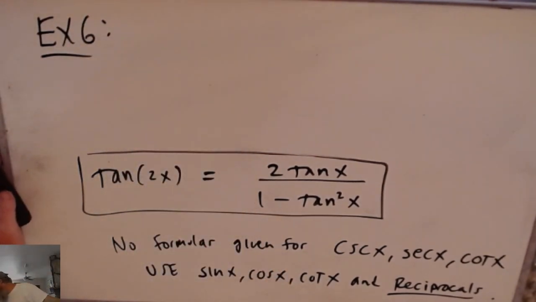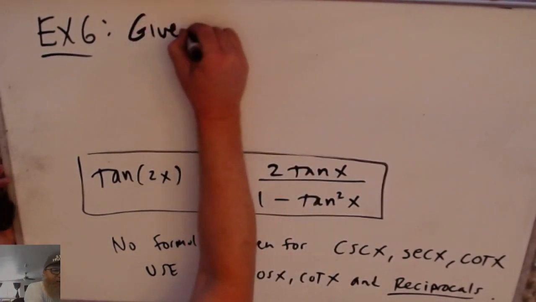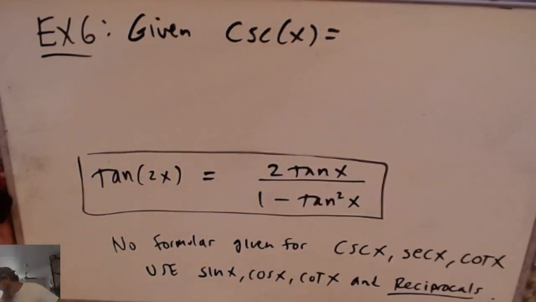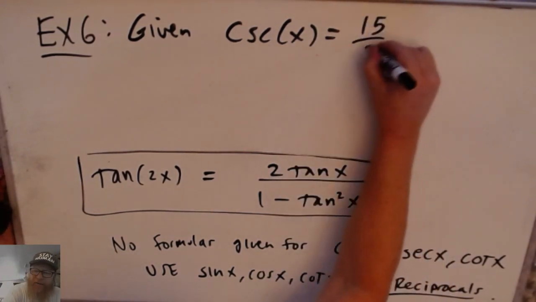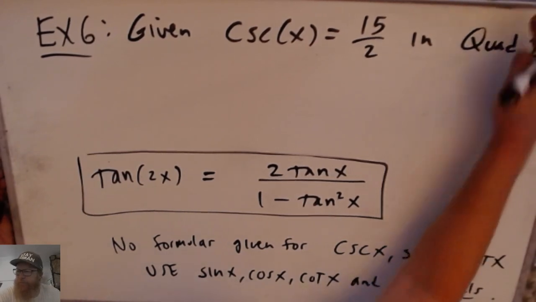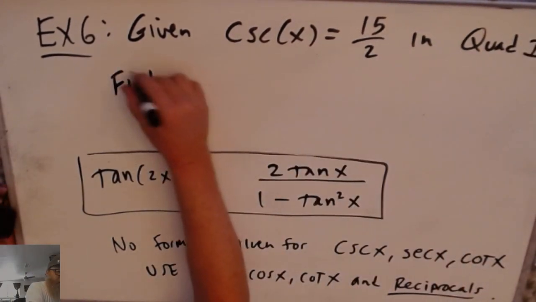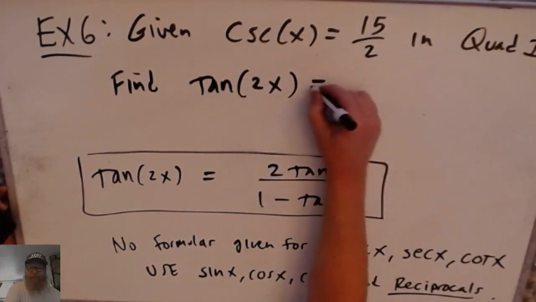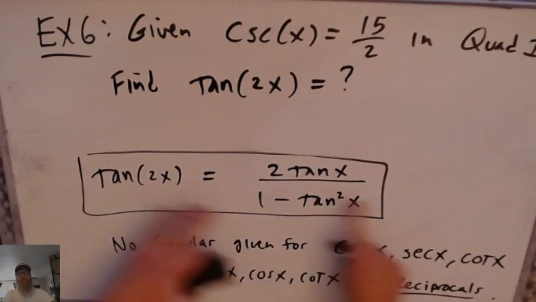All right. So how about this? Given cosecant x is equal to 15 halves in quadrant 1, find tan 2x using this formula here.